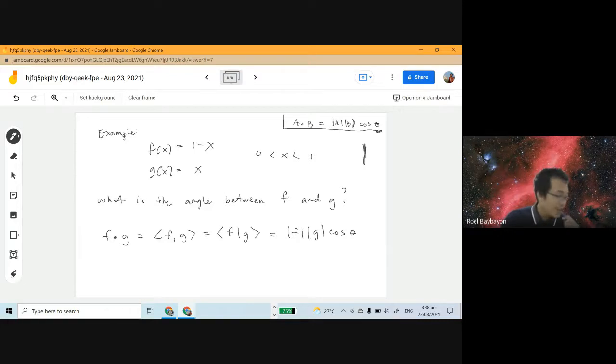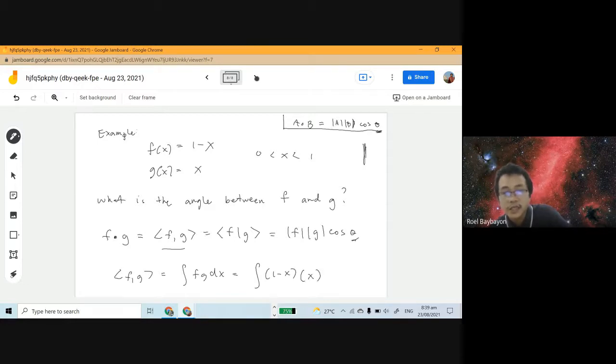So we have fg. Solving first for fg so that I can solve for theta. So fg in general is just equal to the integral of fg dx. So this is equal to the integral of f, which is 1 minus x, times g of x, which is x, dx, from 0 to 1.